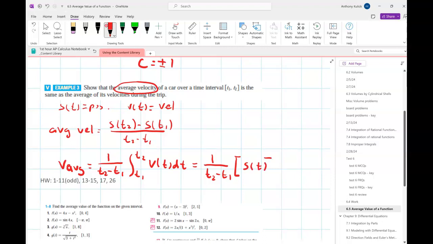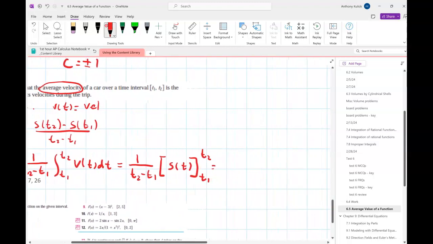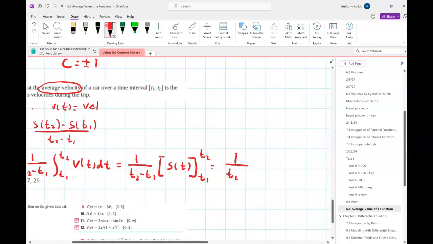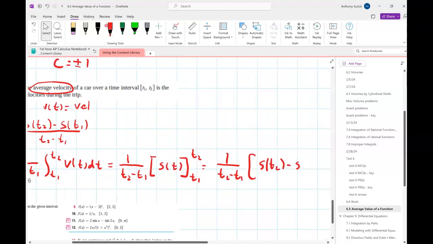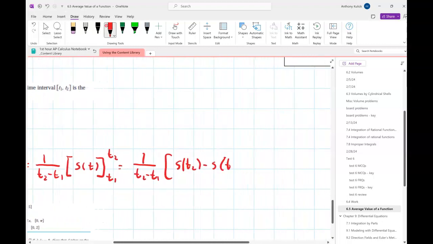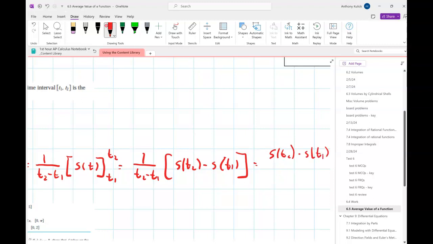Position. And if I do my definite integral, that's going to be s of t2 minus s of t1. And if we put that all together, we see that, hey, that's the exact same thing we had before.